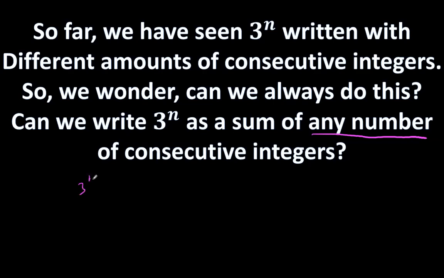Can we have 3 to the n equal to, say, k minus 2 plus k minus 1 plus k, and then plus k plus 1? Let's stop there. Could I do 4 consecutive integers? Could I do 37 consecutive integers? That's the question. Think about it for a moment.